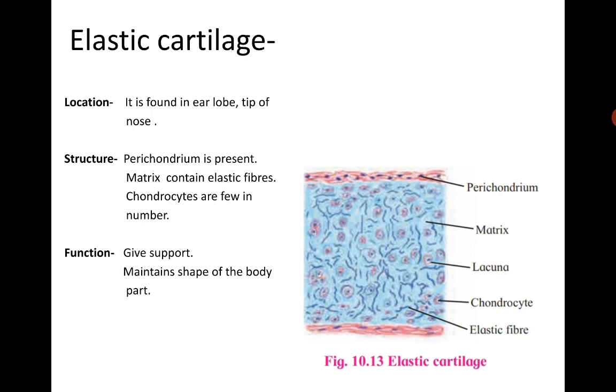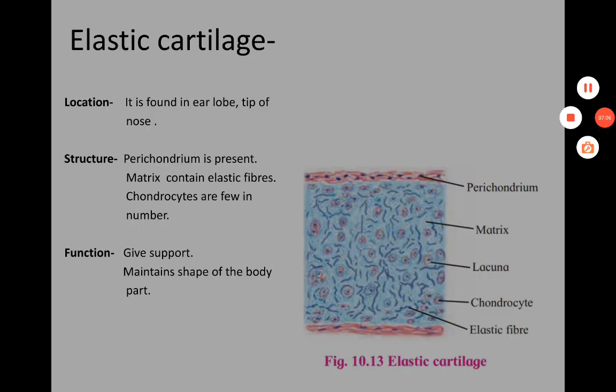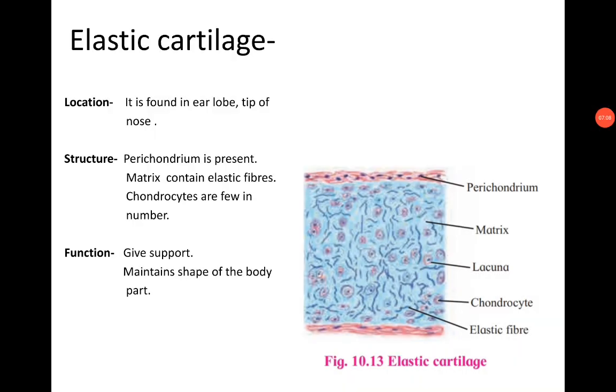The matrix is present in large quantity in this tissue. Chondrocyte means bone forming cell, also called a cartilage forming cell. All these structures are formed by the chondrocyte cell, hence it is called a cartilage forming cell or bone forming cell.